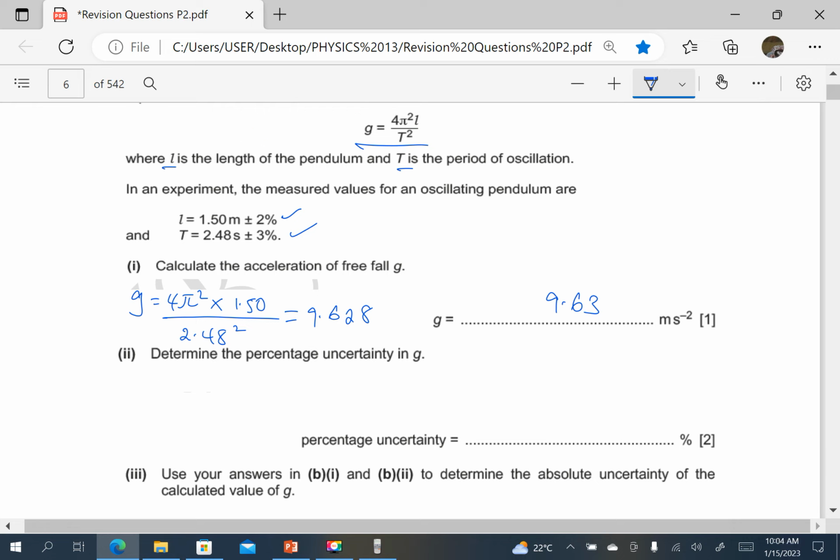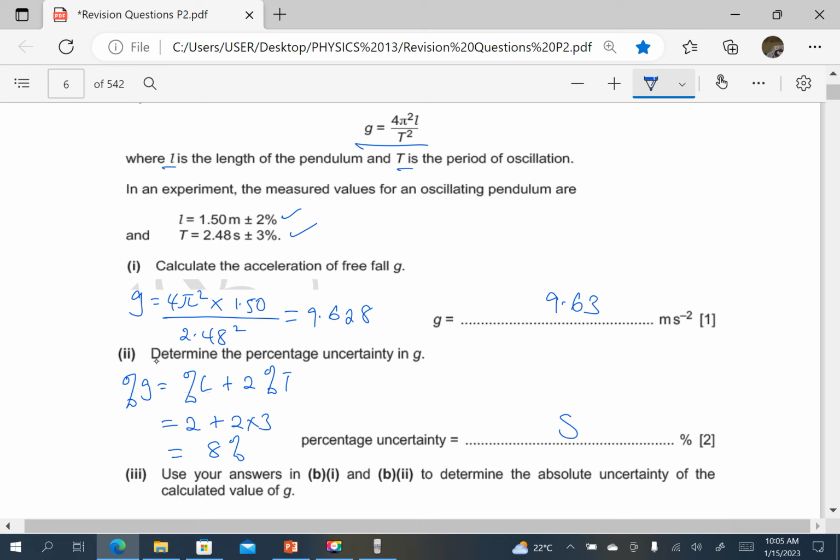Since the formula has 4 pi squared L over T squared, the percentage uncertainty in g will be equal to the percentage uncertainty in L, we ignore the constants, plus the power, this will be twice the percentage uncertainty in T. So we are getting the sum, that is 2% plus 2 times 3, which gives us 8%.